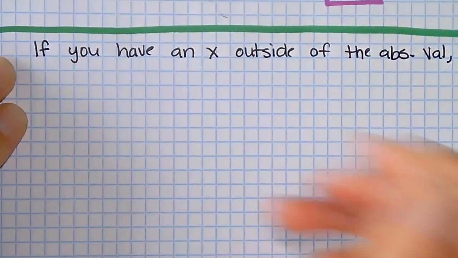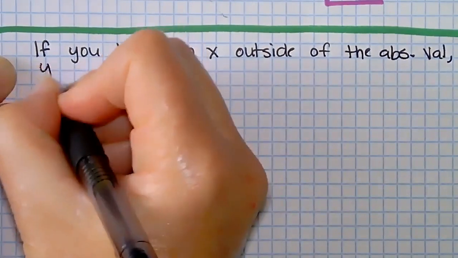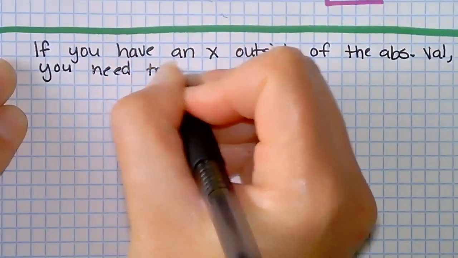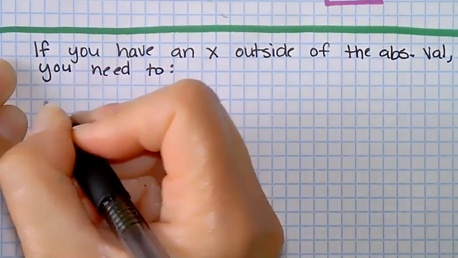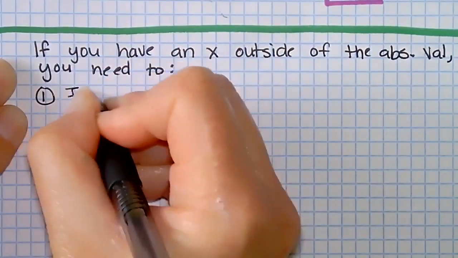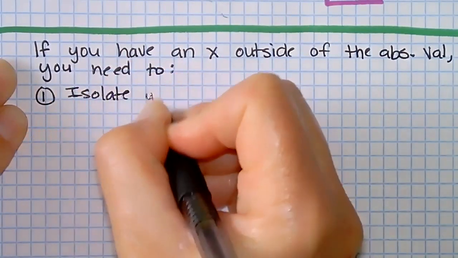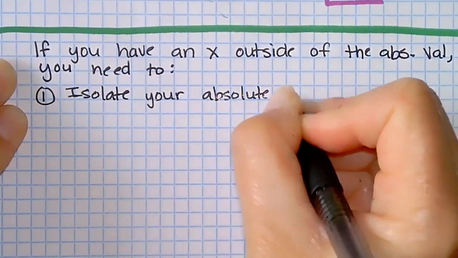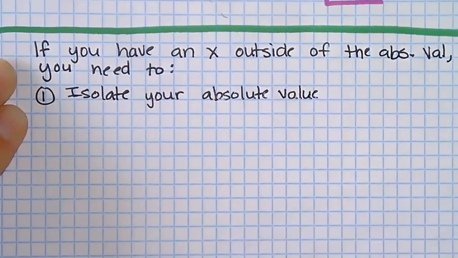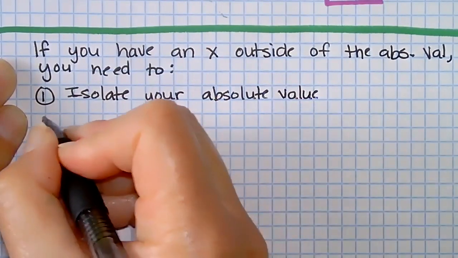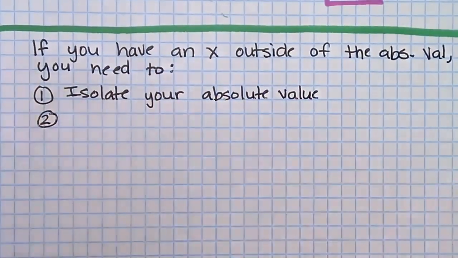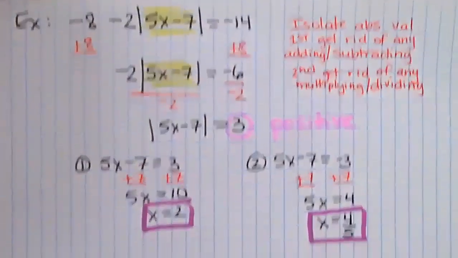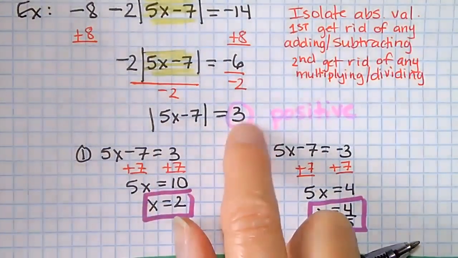You are going to have to do an extra step. So you need to do the following, okay? First, isolate your absolute value, just like we did in the previous steps. Now, usually the second step is to decide, once it's isolated, if this is positive or negative.